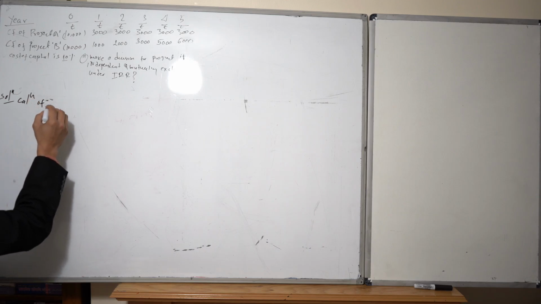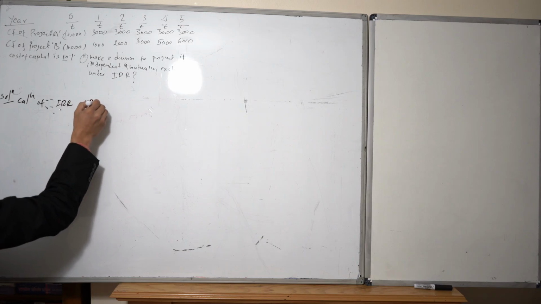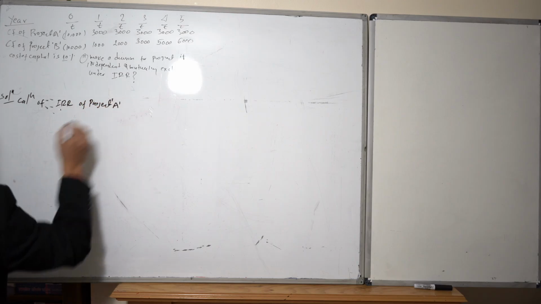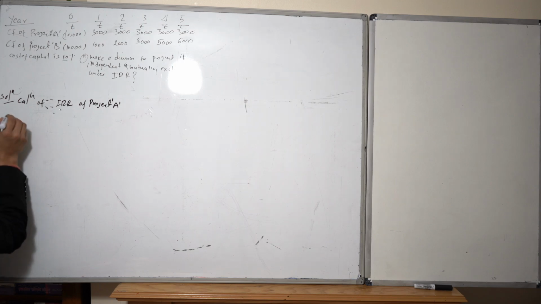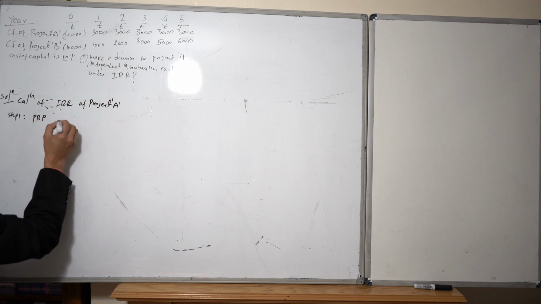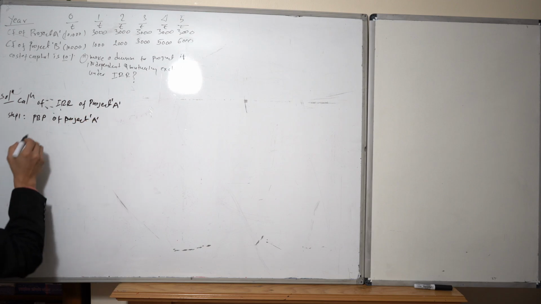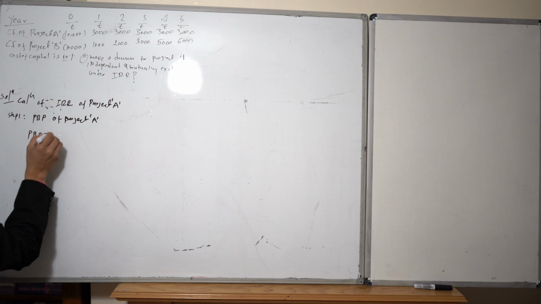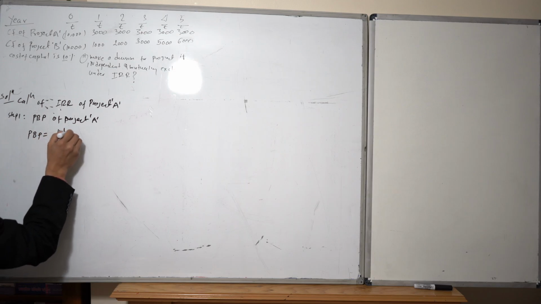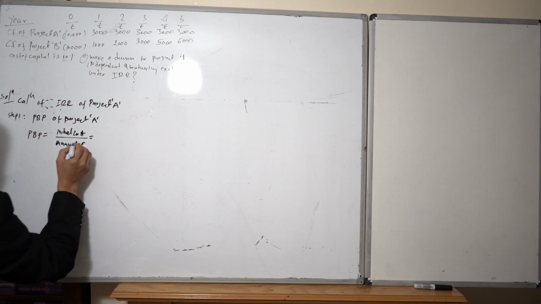Calculation of IRR of project A. Step 1, which is the payback period of project A. Payback period is equal to initial cost divided by annual cash flow.